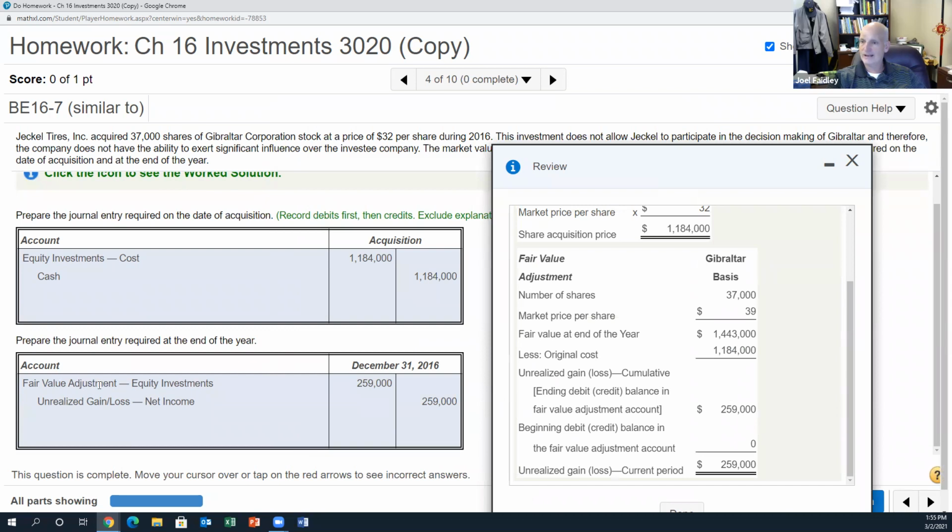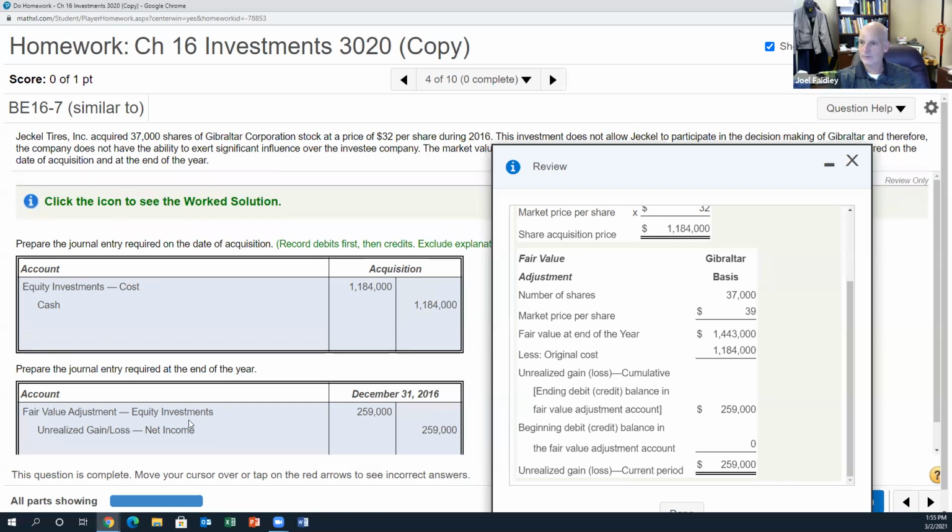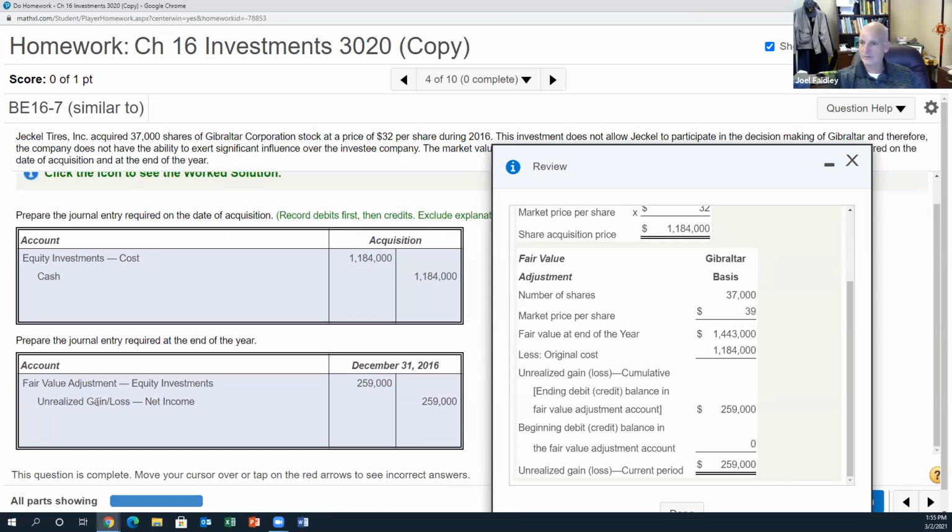That gain is going to be a debit to fair value adjustment, which increases my asset balance, which is what we want. And then that unrealized gain or loss is going to go to the income statement. That's what's changed under the new rules in our text, which is in our homework here. Available for sale and trading are now one. Both go to the income statement.